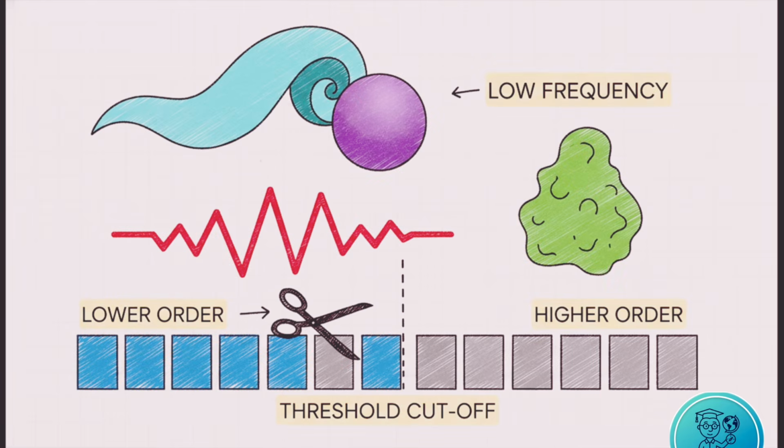Once that Fourier transform does its magic, we're left with this huge set of coefficients. Now, the lower order coefficients represent the low frequency, large amplitude variations. Think of this as the broad, general shape of the object. The higher order coefficients, however, represent the high frequency, small amplitudes, the really tiny, intricate surface details.